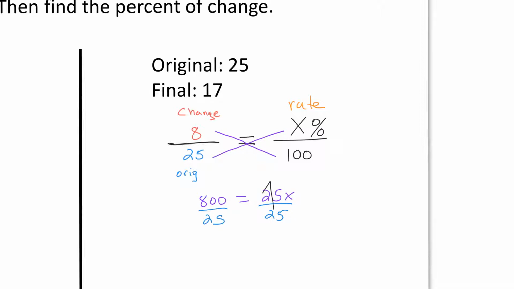So this would turn into 1 equals, I have my x over here. And on the other side, 800 divided by 25 is 32. Now it is a percent, so I'm just going to add percent on the side of 32. And this right here is a decrease. It is a decrease because the original amount went down to 17. And we can say that it decreased 32%.